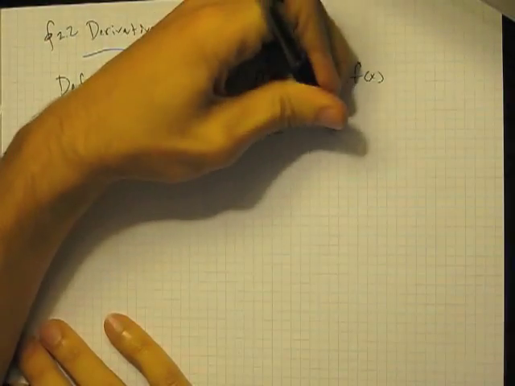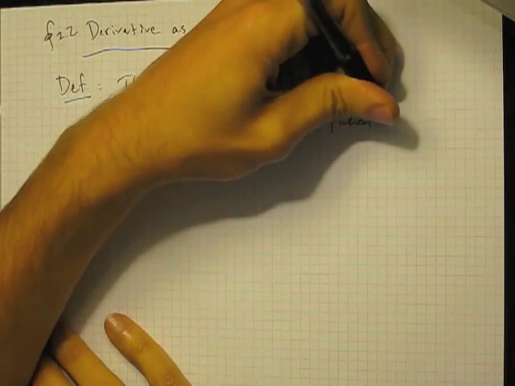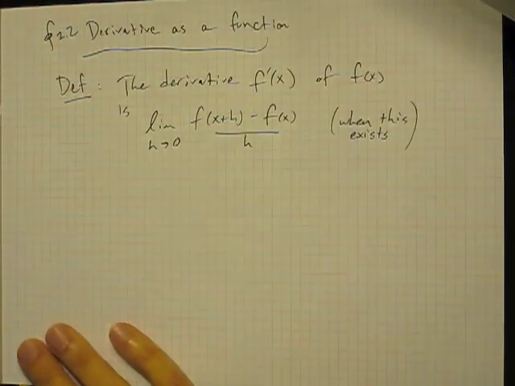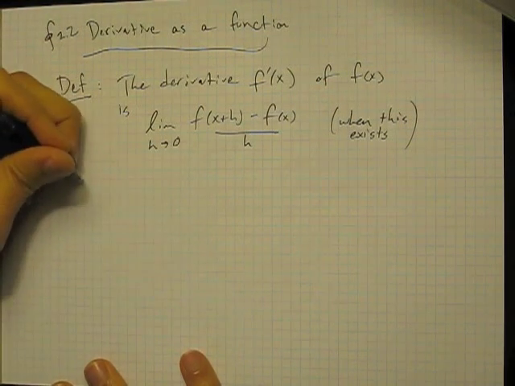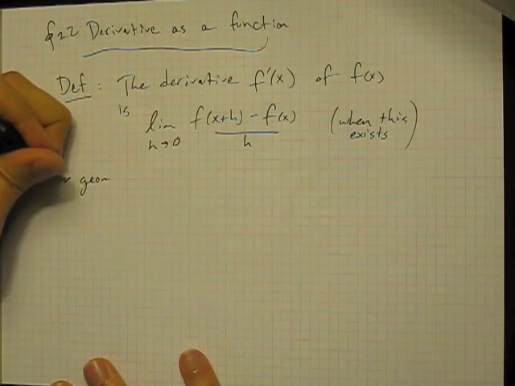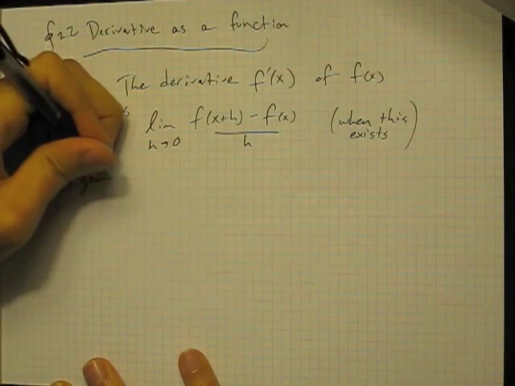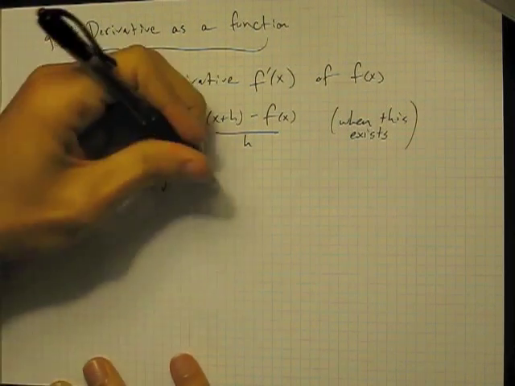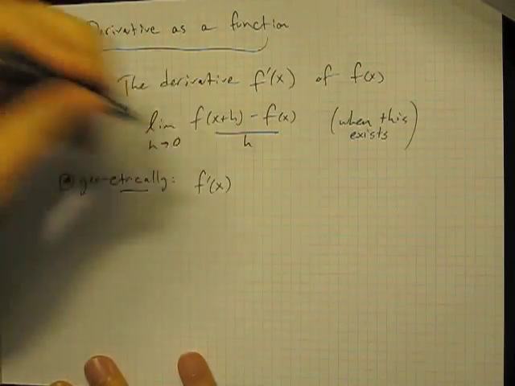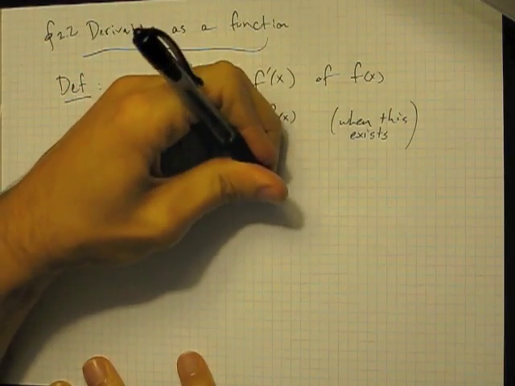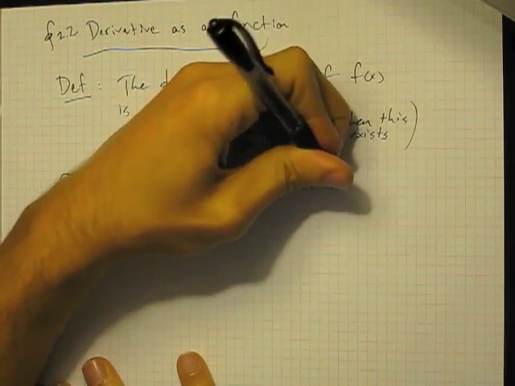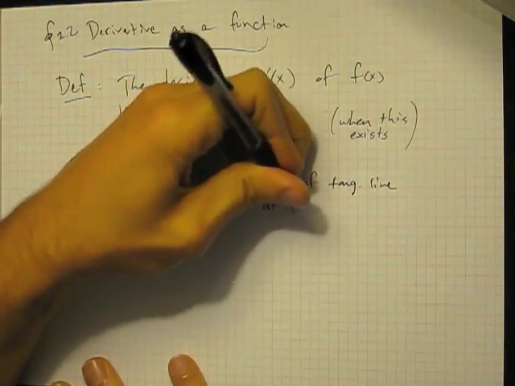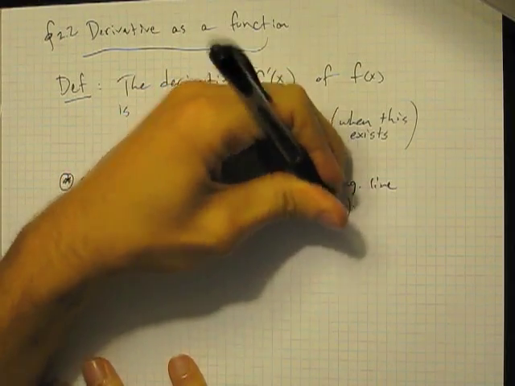Okay, so this is when this exists. Geometrically speaking, this is the slope of the tangent line. F prime of x equals the slope of the tangent line at the point x, f of x.